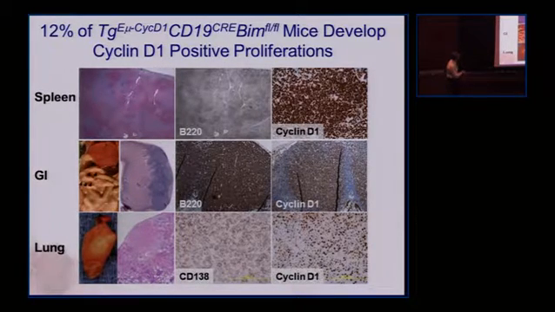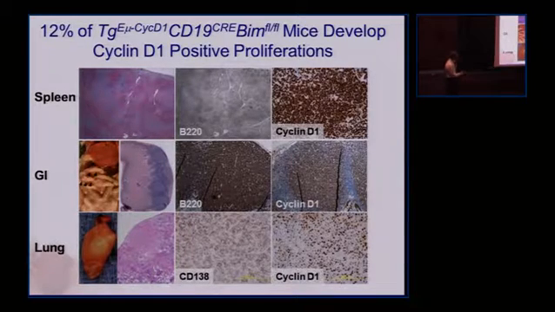Shown on top is a mouse that has a spleen that's diffusely involved by B cells that are Cyclin D1 positive. Next is a mouse that had multiple polyps within its GI tract, similar to the lymphomatoid polyposis one sees in mantle cell lymphoma. Again, B cells positive for Cyclin D1.